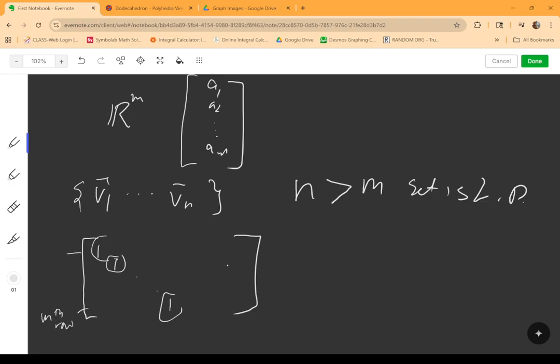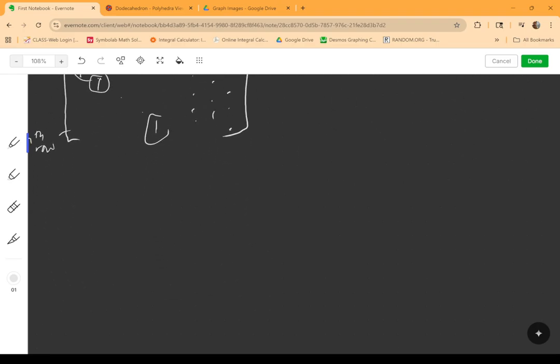So if n is greater than m, we're going to have some free variables show up. Right away that gives us an idea of what to watch out for when given a set, and now I know what size it must be in order for it to be linearly independent.